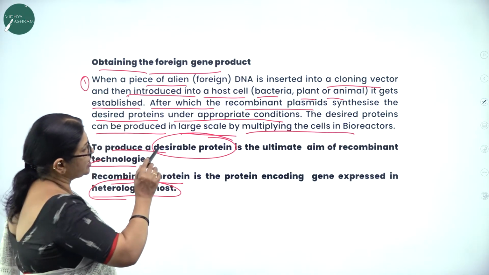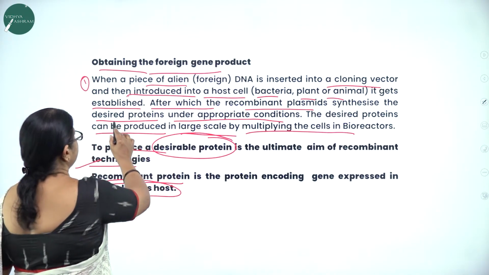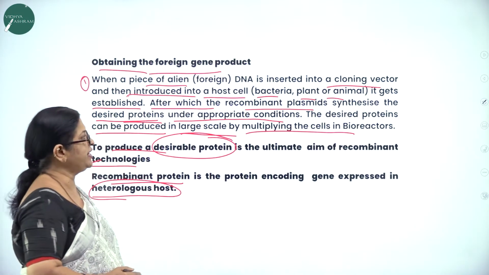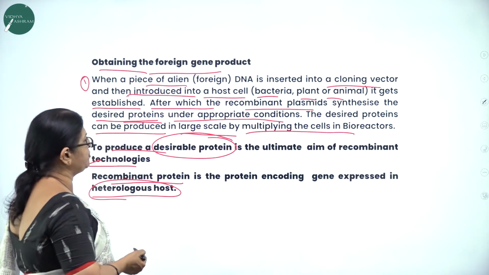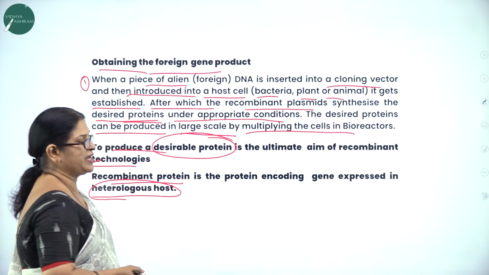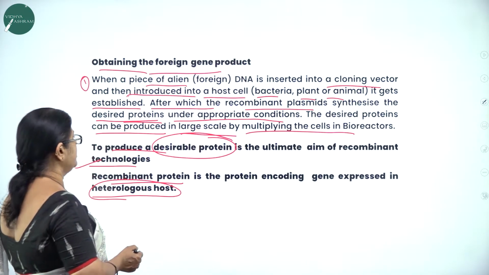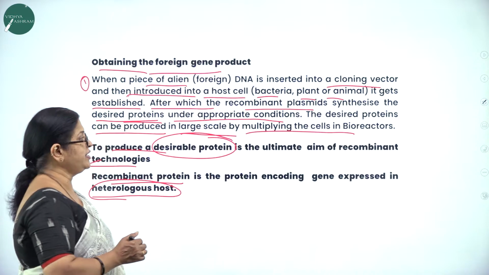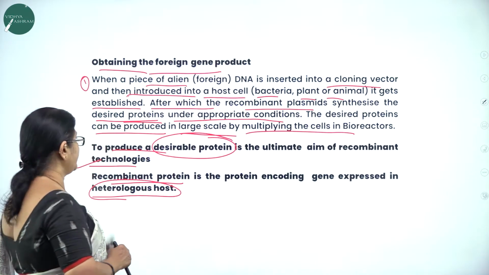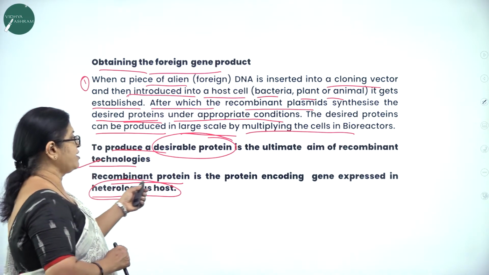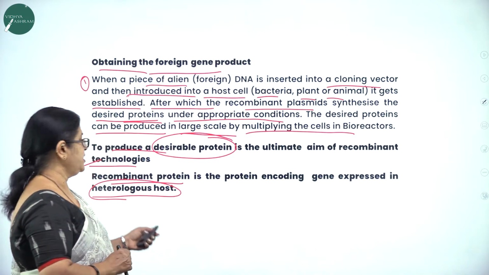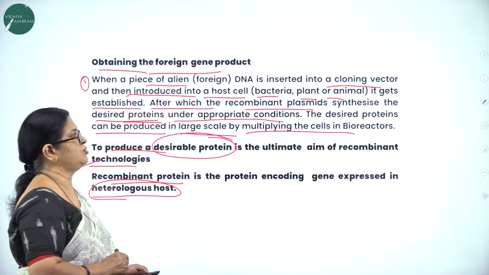After which the recombinant plasmids synthesize the desired proteins under appropriate conditions. The desired proteins can be produced on a large scale by multiplying the cells in bioreactors. So to produce a desirable protein is the ultimate aim of recombinant DNA technology.